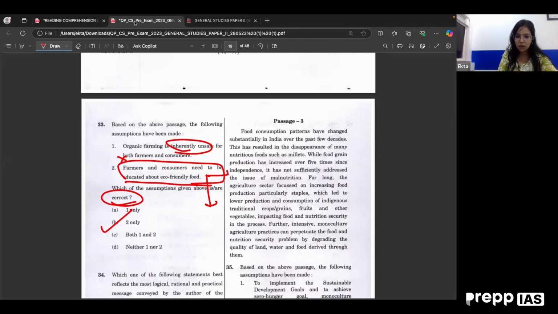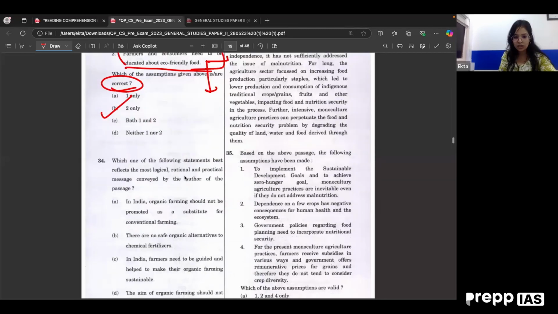Okay. Now everyone else speed pickup करनी है, yes, ठीक है. Next question, we'll go to question number 35. Same page here.